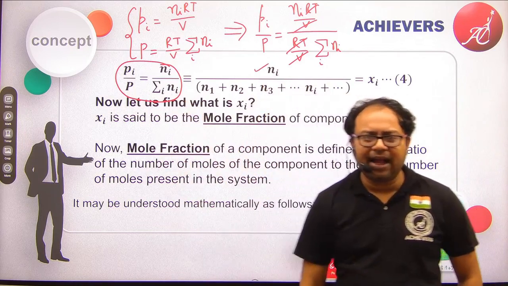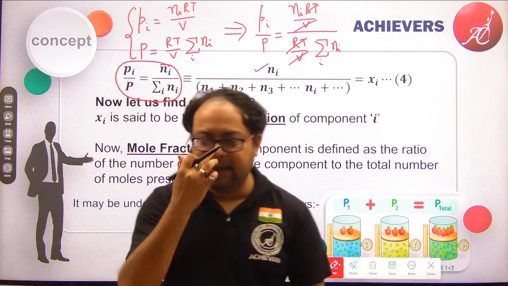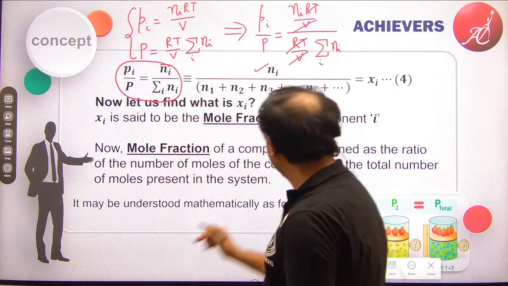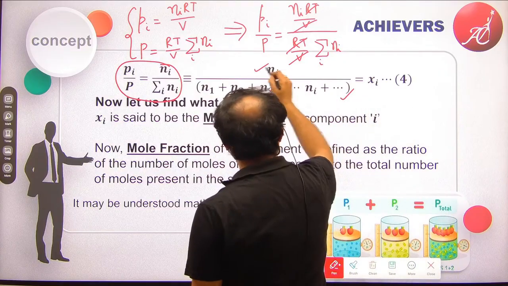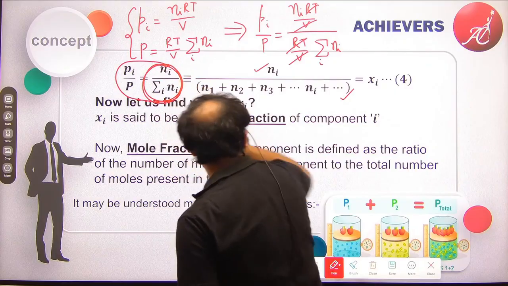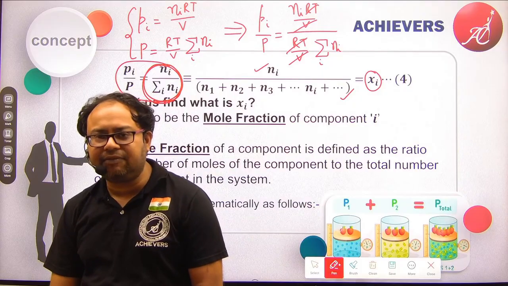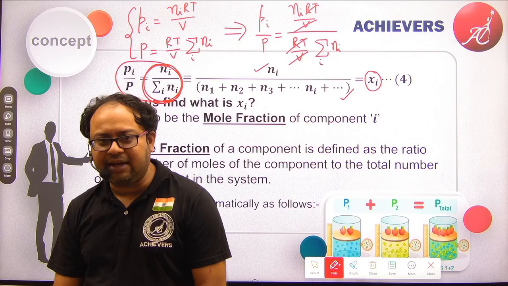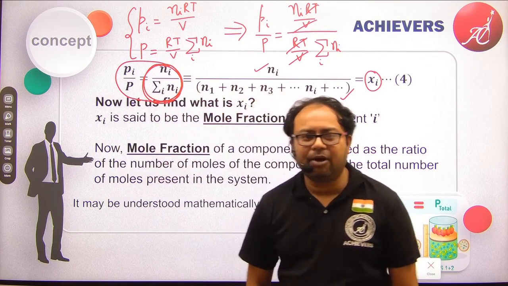What is summation over Ni? Summation over Ni means N1 plus N2 plus N3 plus dot dot Ni plus dot dot etc. So are you getting this? And this ratio or this fraction is defined as xi: number of moles of I divided by total number of moles.